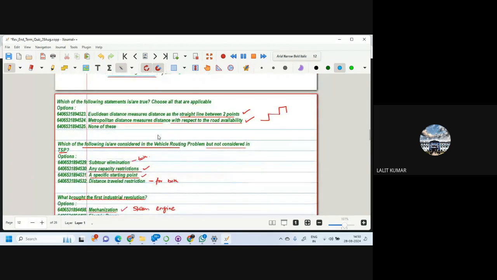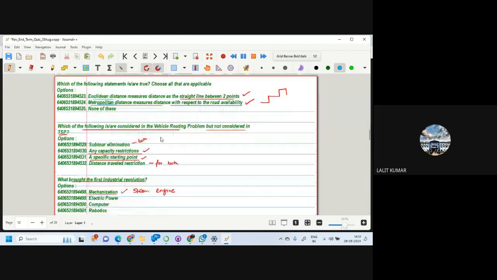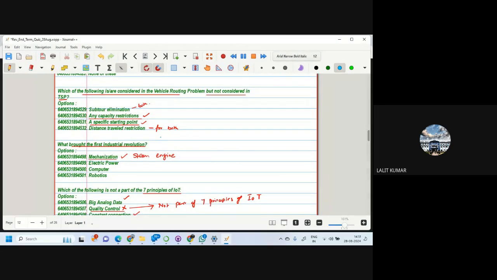Which of the following statements chooses Euclidean metropolitan? I will leave it as a trivial question. Which of the following is considered in the vehicle routing problem VRP, but not considered in TSP? Subtour elimination we do in both. Any capacity restriction, yes, we do.